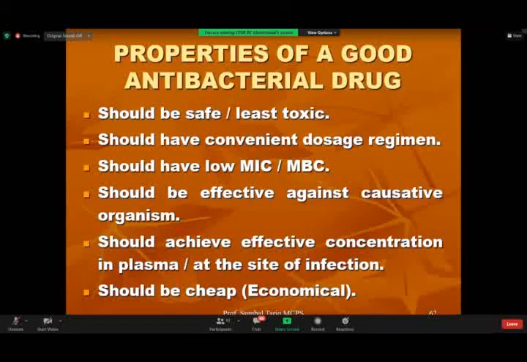Chloramphenicol came as a capsule of 250 milligrams or 500 milligrams, and the normal anti-typhoid dose which had to be given was 2 capsules of 250 milligrams every 4 hours. Imagine a patient who has typhoid fever and you have to give him 2 capsules every 4 hours, up to 6 times a day for 2 to 3 weeks.